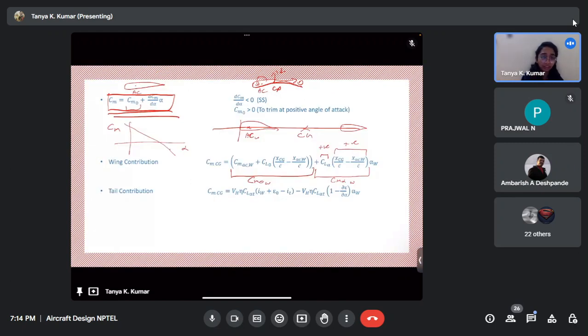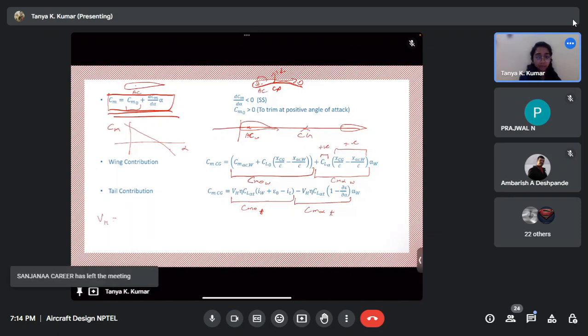Now let's look at the tail contributions. So this is the Cm naught contribution of the tail, and this is the Cm alpha contribution of the tail. Now let's look at each term. What is VH? Does anybody know what VH is? Tail volume ratio.